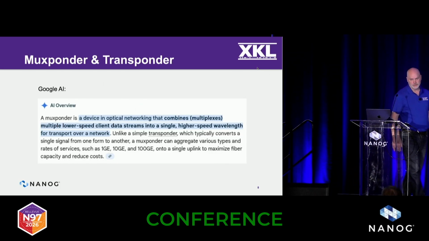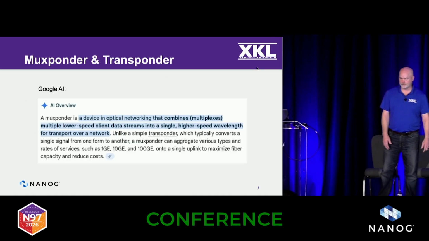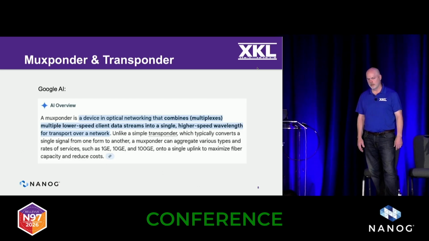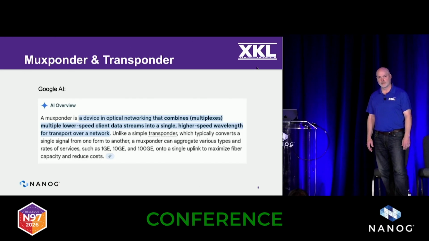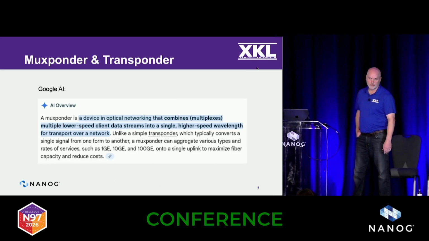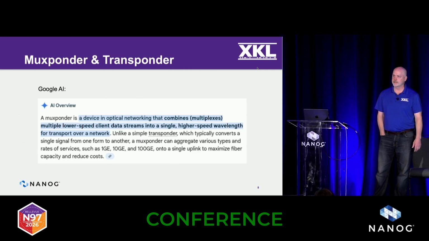I like to show this. This is an older AI search, but you know, what is a muxponder and a transponder? You hear these terms all the time. This is a definition that probably migrates over and changes over generations of the product, but a muxponder is a device that's going to combine a bunch of lower data rate signals into a single higher data rate signal.